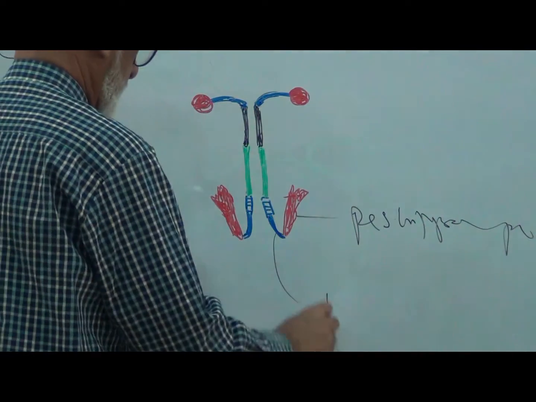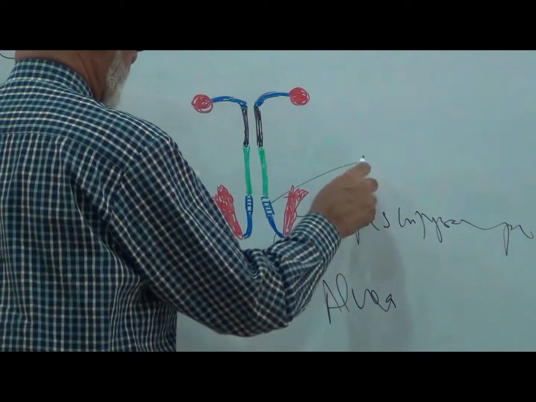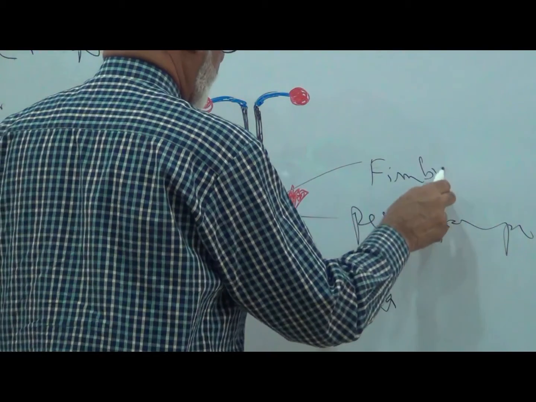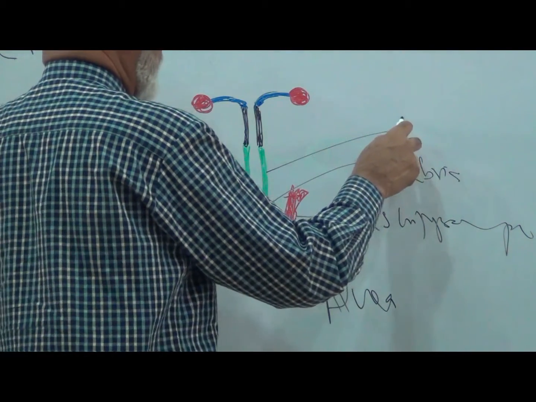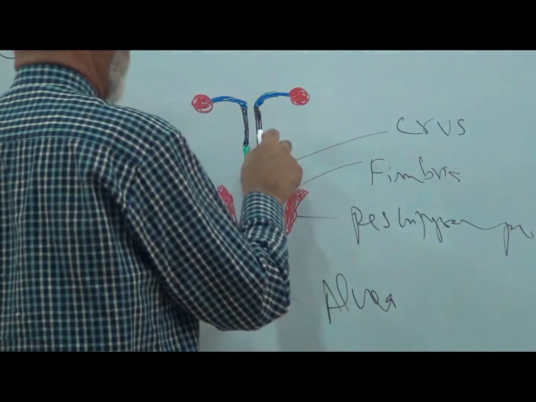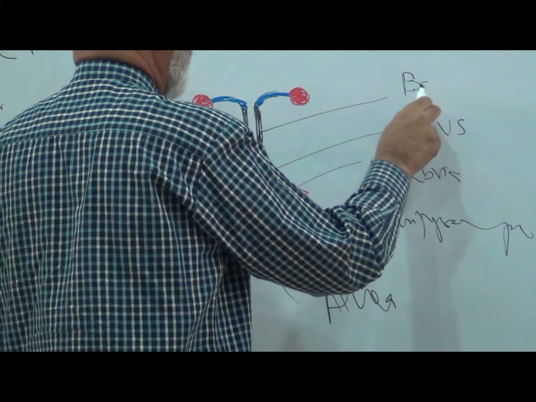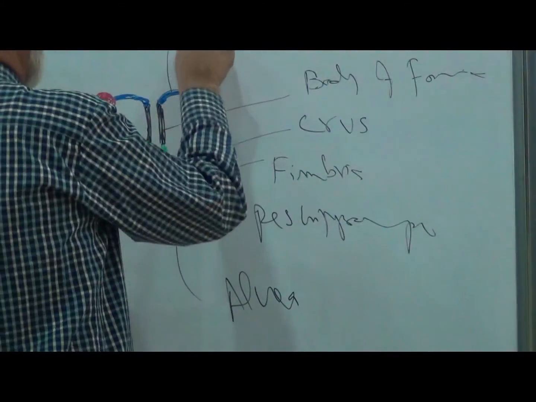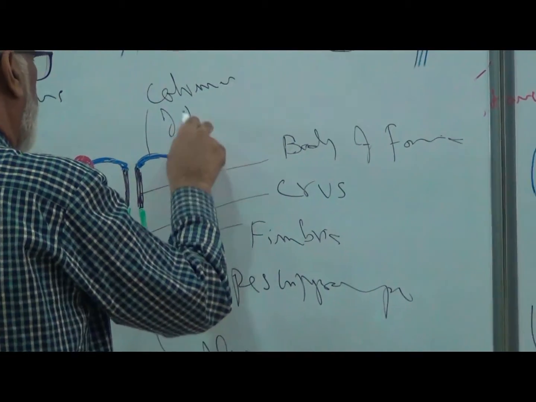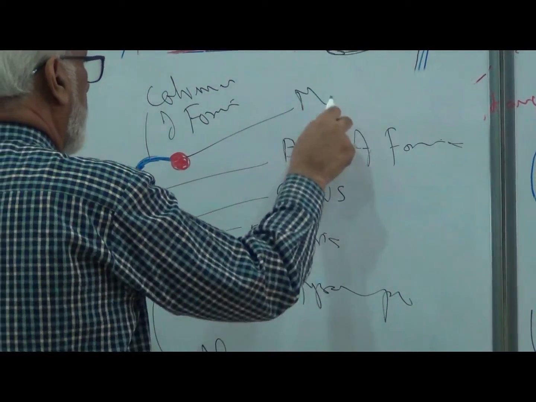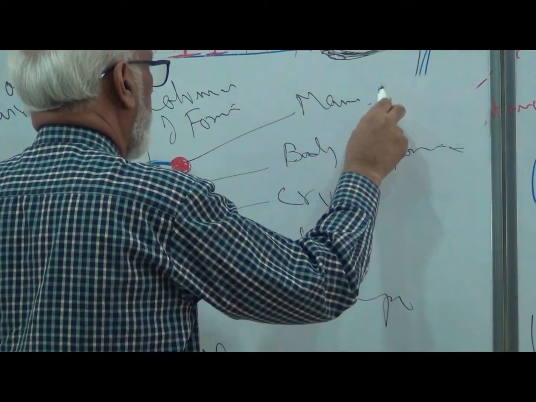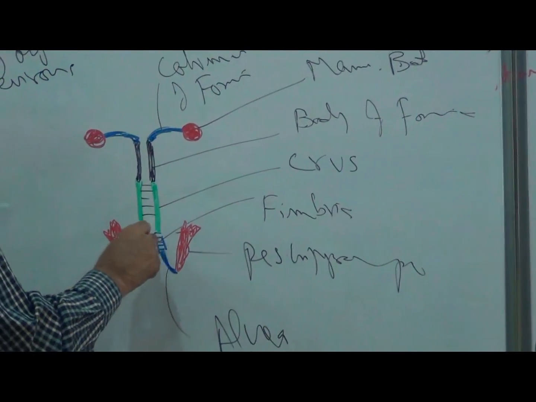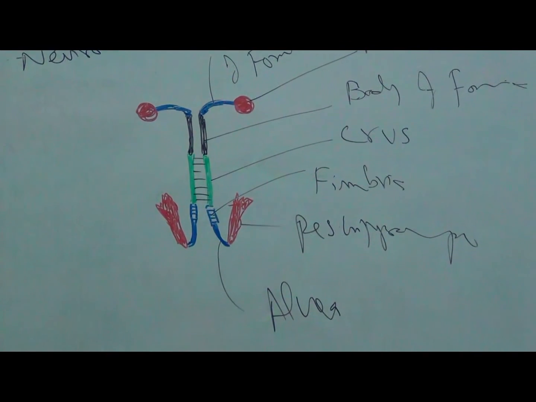These are some components of the hippocampal formation: pes hippocampus, alveus, then fimbria, then crus of the fornix, body of the fornix, column of the fornix, then mammillary body, and the 2 crura interconnected by the commissure of the hippocampus.